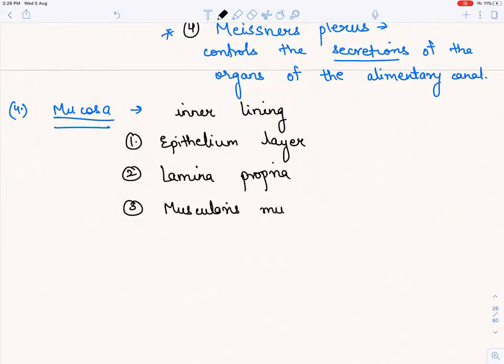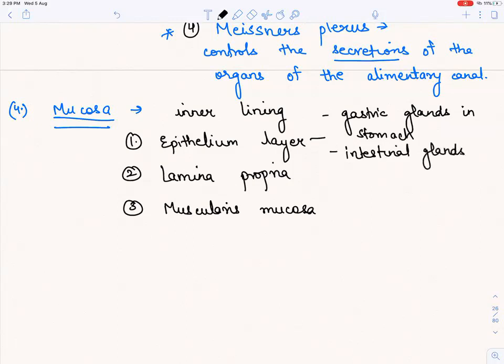So the epithelium layer is doing what? It is forming gastric glands in the stomach, and intestinal glands and villi in the small intestine, right?